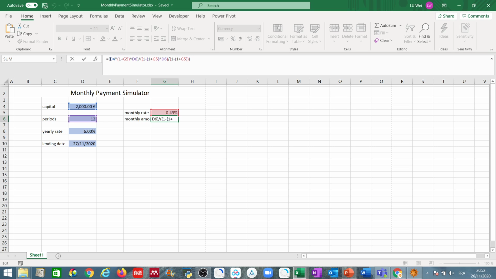So pay attention to the brackets or parentheses to avoid errors. And in this way, we have figured out how much money we should pay back each month, and then we can establish the body of this simulator.